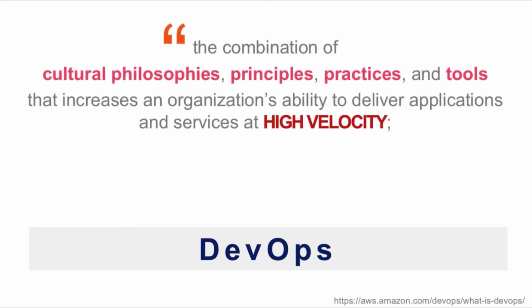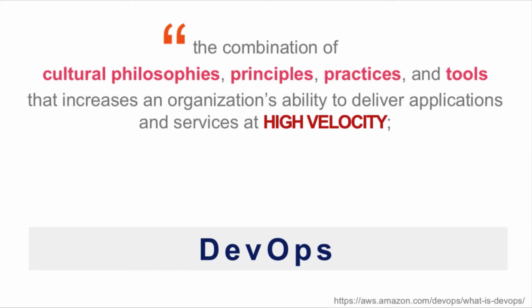I took this definition off of AWS because it really gives you a frame of how to approach your development practice and operational practices from a DevOps perspective. And I've highlighted key phrases and words to emphasize what it really is.